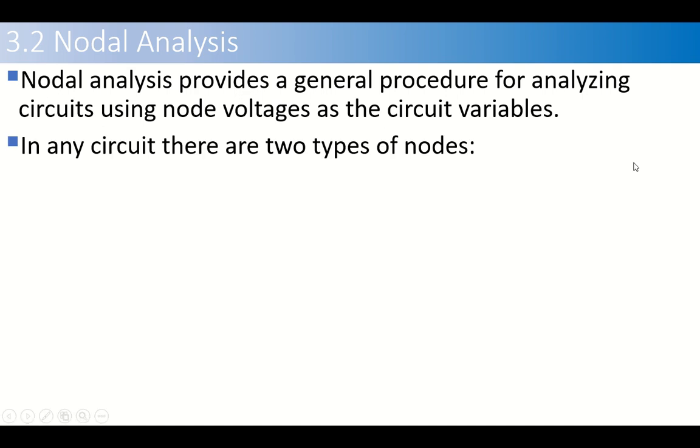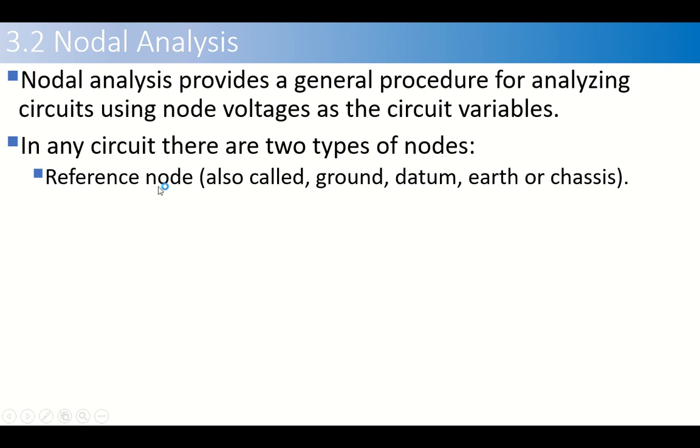non-reference nodes are. So we know that in any circuit there are two types of nodes. The first kind of node is known as the reference node, also called ground, datum, earth, or chassis node. Remember that when we want to measure the potential across any element, we must find that voltage with respect to a given reference point or node.